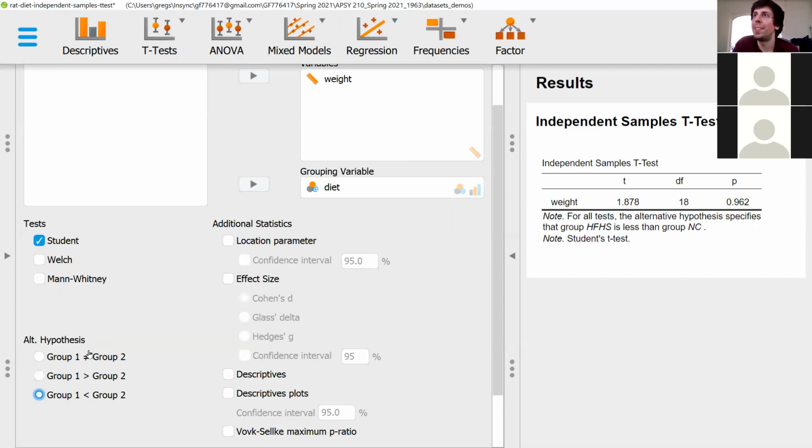Oh, okay, so one thing: it generated something here, and it gives a p-value of 0.96, and it actually gives us a note because JASP realizes we might be confused about something. And I'll explain why this happened.